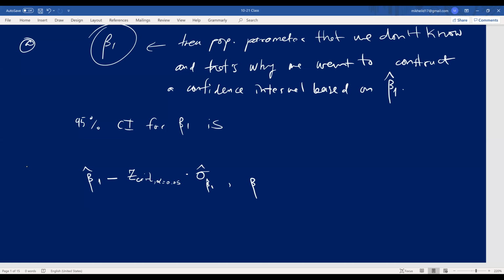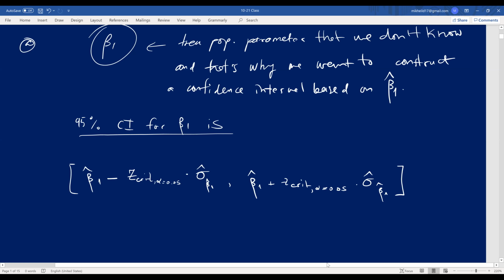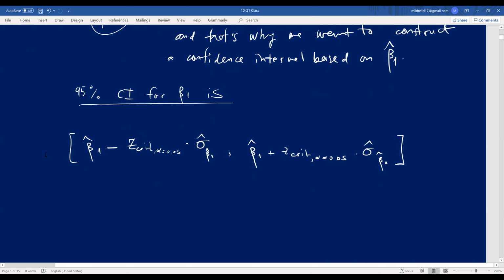That's one end, and the other is beta 1 hat plus Z critical at alpha equals 0.05 times sigma hat of beta 1 hat. That is the 95% confidence interval for beta 1. So guys, if you have any questions, please stop me at any time and I'll try to answer all of your questions.